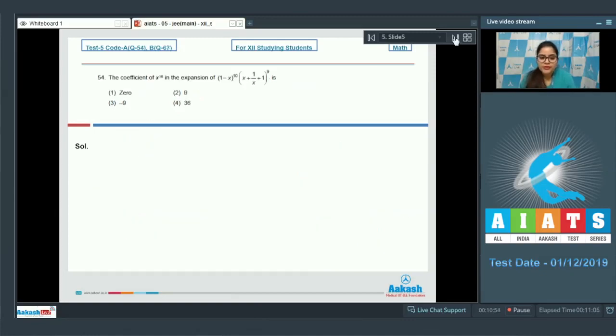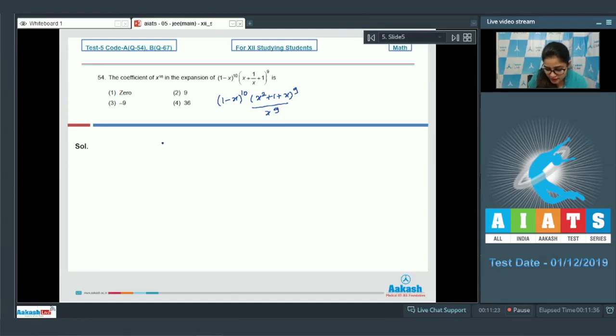Question number 54. The coefficient of x to the power 16 in the expansion of (1 minus x to the power 10) times (x plus 1 upon x plus 1) to the whole power 9. Just write down (1 minus x to the power 10) times (x square plus 1 plus x) to the power 9 divided by x to the power 9.